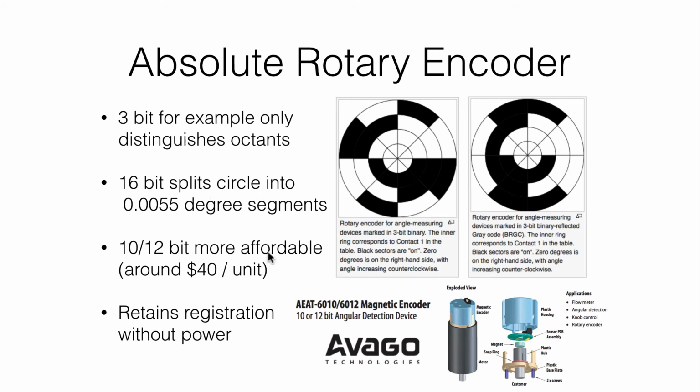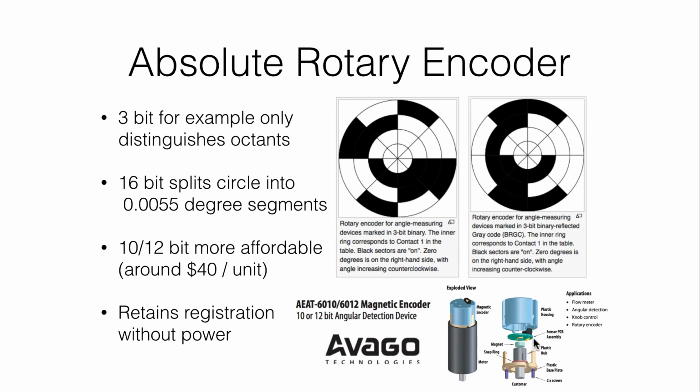Those are expensive, but you can go 10 or 12 bits with much more affordable prices, around $40 a unit for rotational encoders. So 12 bits would be 4,096 different segments around the circle. That's also a really high resolution. And this little exploded view down here shows an example of an actual either 10 or 12-bit angular encoder that is magnetically based.